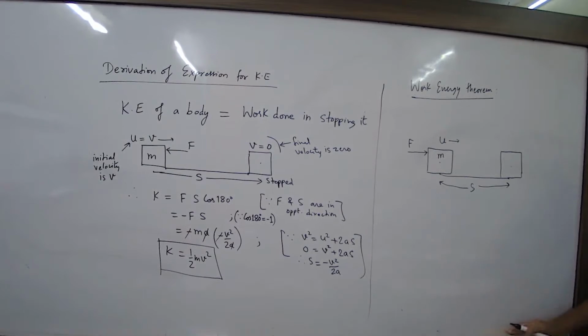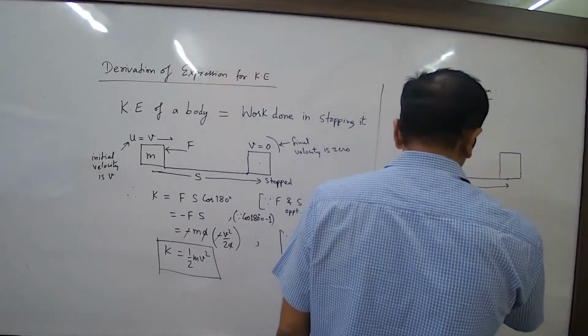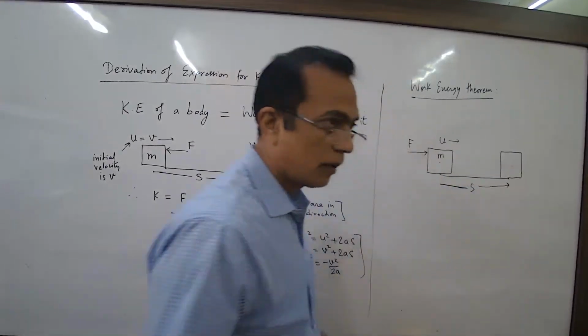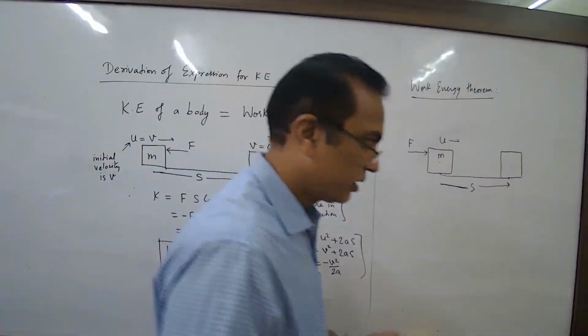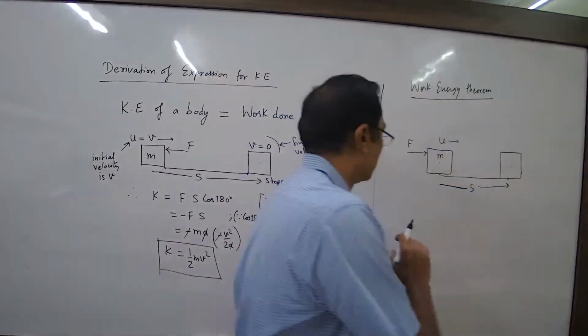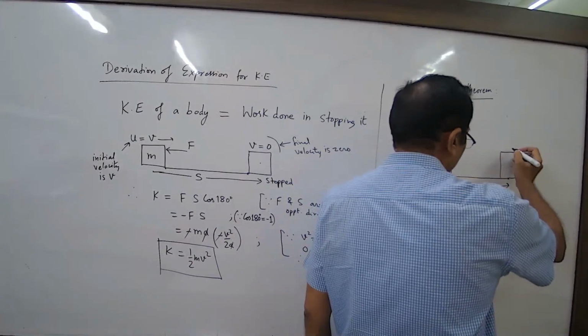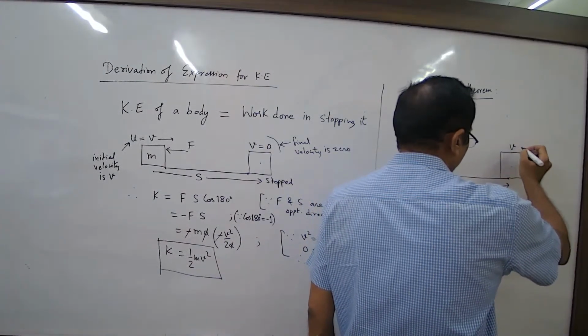So what should happen when the force is applied in the direction of displacement? What should happen to its velocity? Increase or decrease? Increase. Because if I am running and somebody pushes me, I run fast, right? So my velocity after traveling distance s will become v now.